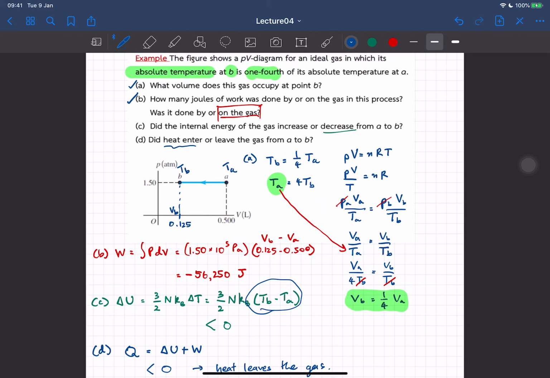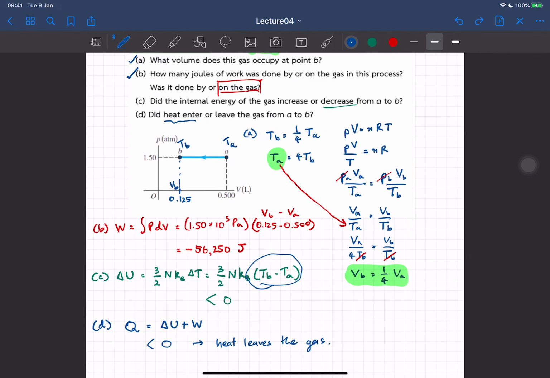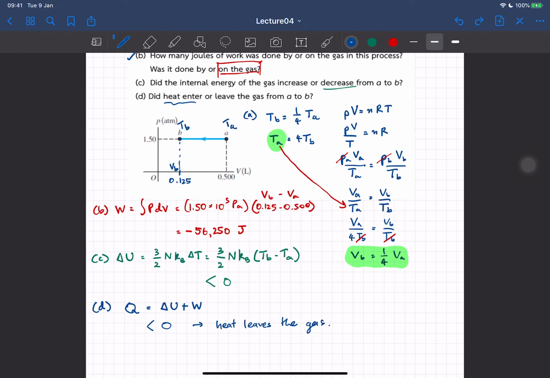But it's already given in the question that TB is a quarter of TA, so we know right away that it's going to be colder at point B. So if it's colder, then delta U is going to be negative because it's less temperature. Okay, no problem. That's a very good point because usually delta U can be calculated right away because most of the time you're going to know the change in the temperature.